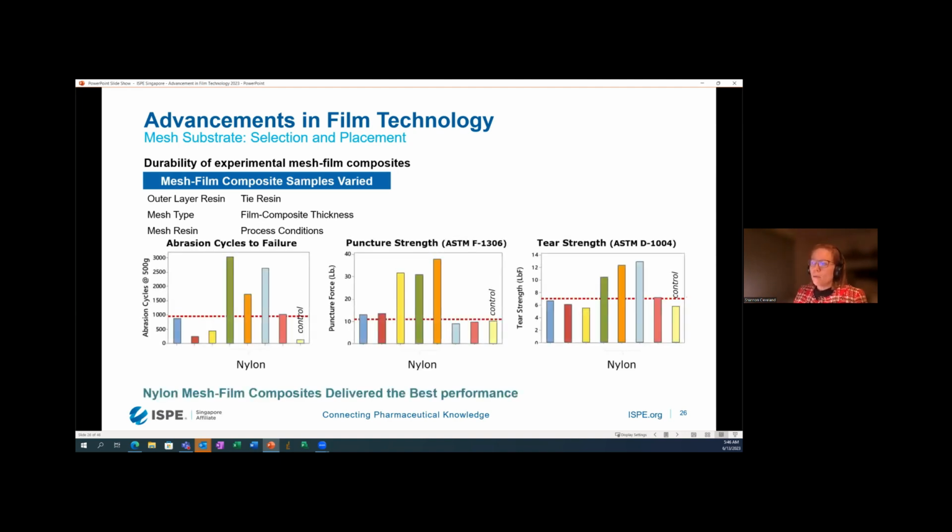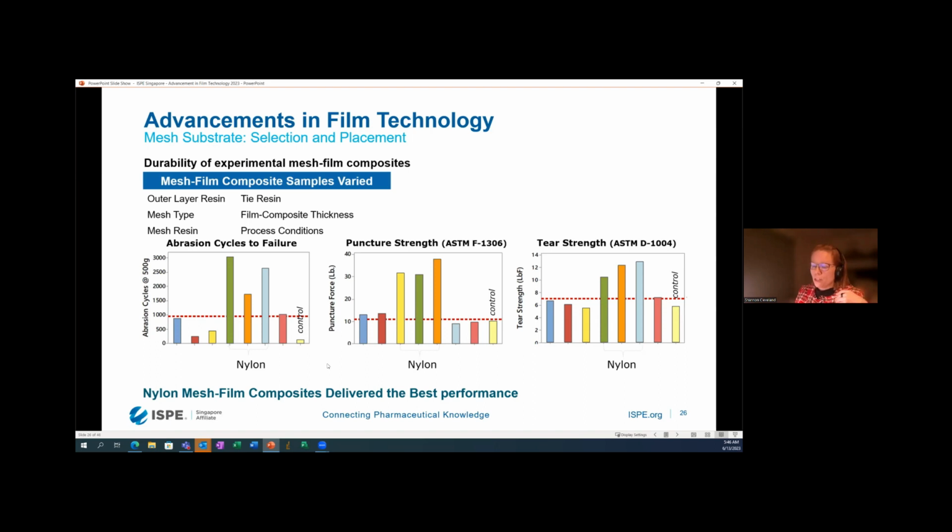There is a lot more data than I'm showing here, but I'm showing the abrasion, the puncture, and the tear strength performance versus 8 different candidates that we trialed. Now, again, there were many more.